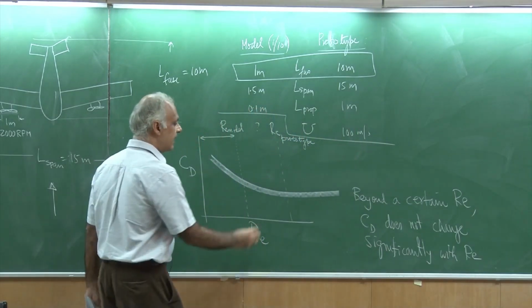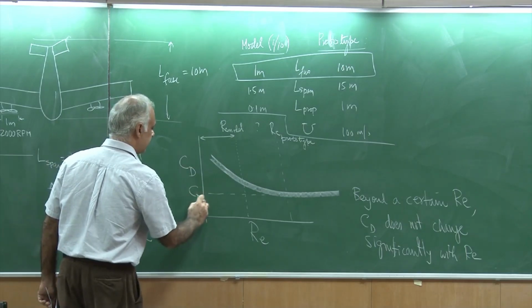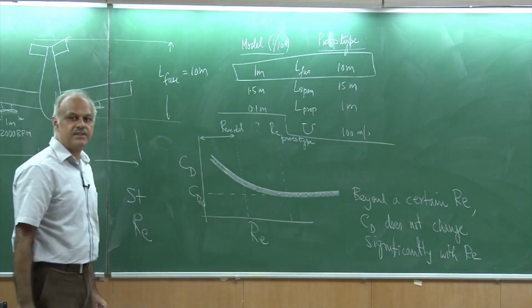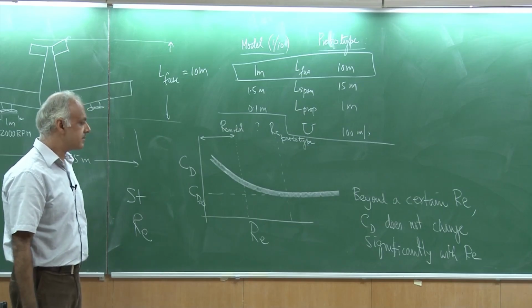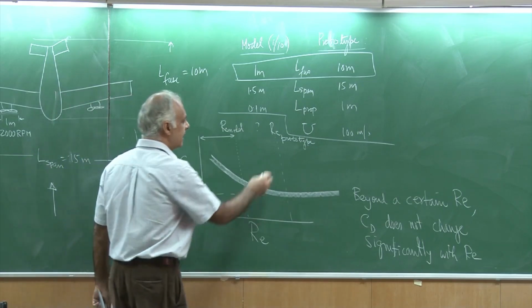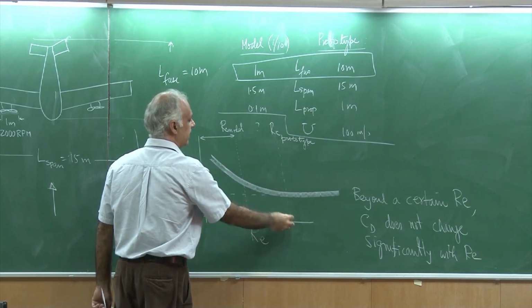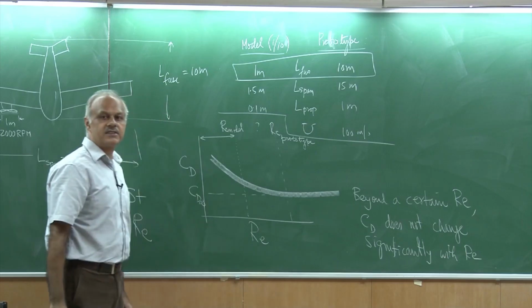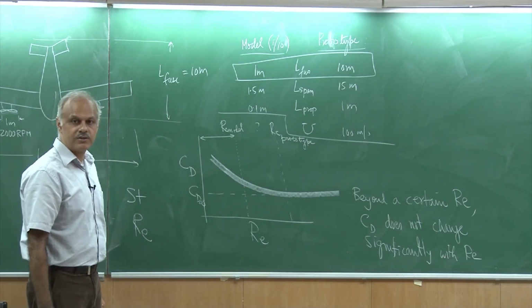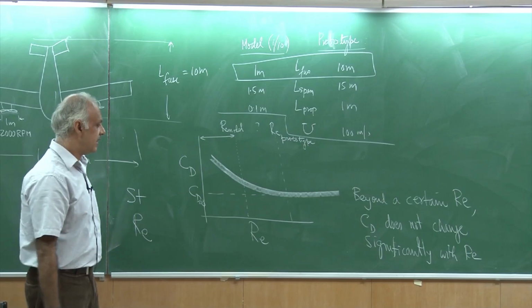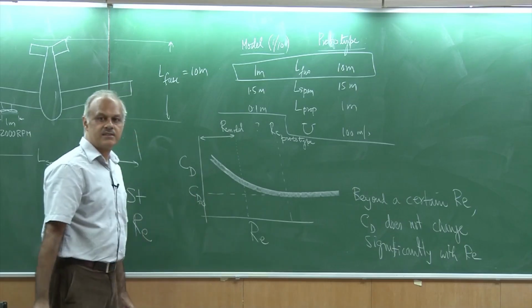So, it kind of flattens out. So, I could call this CD infinity. That means this is the drag coefficient at infinite Reynolds number. What is possible is that we have a prototype that is very close to this regime. It is possible. Of course, we do not have the data, but we can only operate in this Reynolds number range.